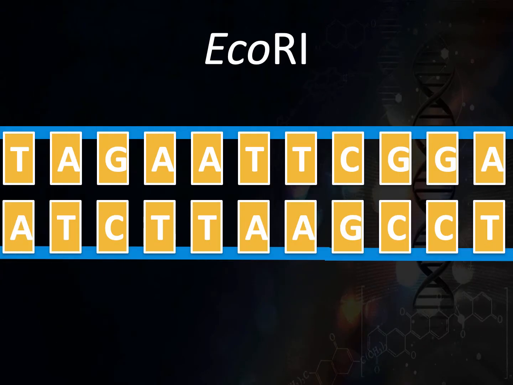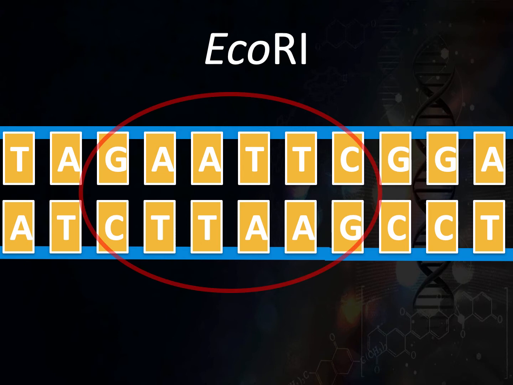So here's a double strand of DNA, right? Just like you're used to. It reads off TAGAA, TTCGGA, and you've got the corresponding bases that would pair with that across the bottom. Okay? There's a section in here that's a palindrome, and it's a palindrome where EcoRI specifically cuts.